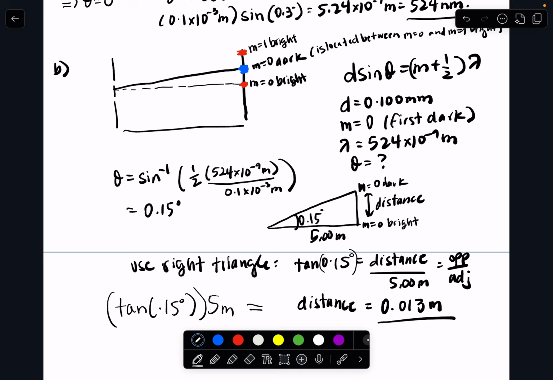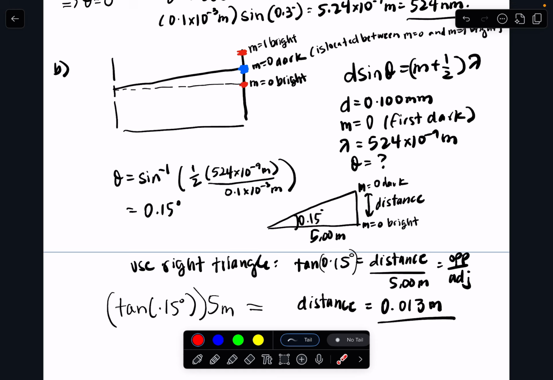Okay, so for double slit interference, you want to draw a picture. That's going to help you. You want to draw a picture like this. And so it's not just about the constructive or destructive interference equations. You're going to want to draw the picture as well, and it's going to help you.